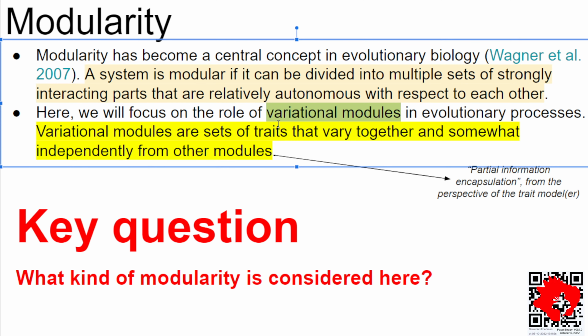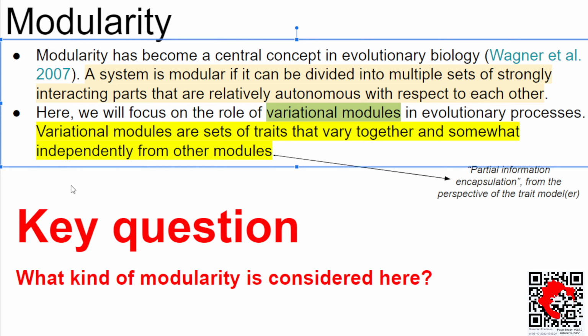This usage of variational is just to describe the patterns of variation and covariation, so the architecture of correlations in high-dimensional state spaces. And it's a good key question for the paper because there are some other senses in which modularity can be used, like what aspects of the body are physically connected to one another. So you could have two bones that are touching each other and hence modular anatomically, but don't have correlated evolutionary patterns, or other combinations there.